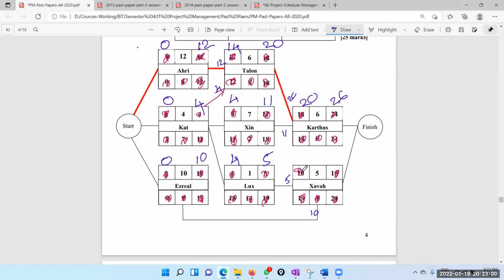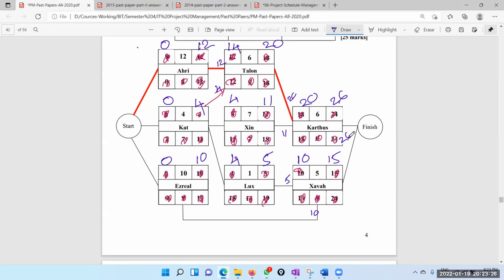So we have to take the bigger. Therefore it is 10. Then 10 plus 5 is 15. Now you have to look at which one has the biggest earliest finish date, basically. The biggest earliest finish date is 26. So therefore we have to take that value here, and here also, because that is your project end task.